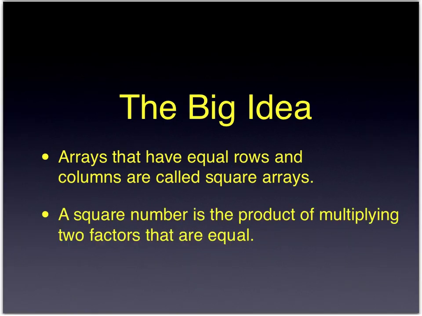So a square number is the product of multiplying two factors that are the same. So we are multiplying two factors that are the same, or equal. So in the case of 1, it was 1 times 1. In the case of 4, it was 2 times 2. And in the case of 9, it was 3 times 3.